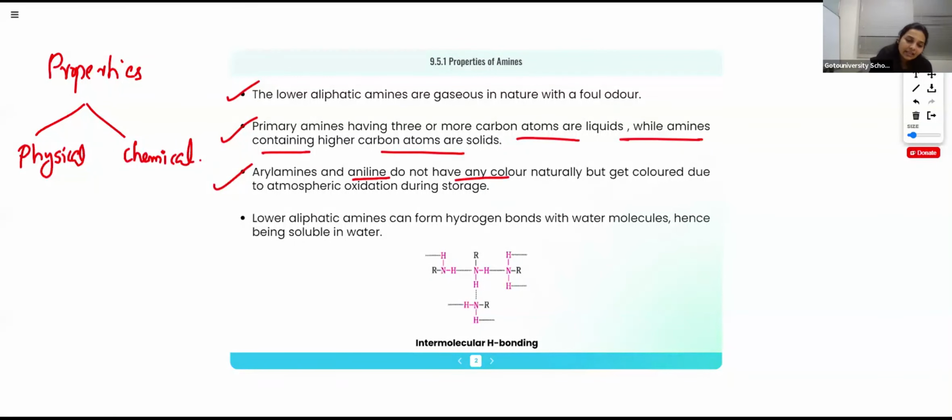But after some time when you keep aniline in the laboratory, you can see a brown color. Actually, this color is not the correct color of the compound. This color is due to atmospheric oxidation during storage.